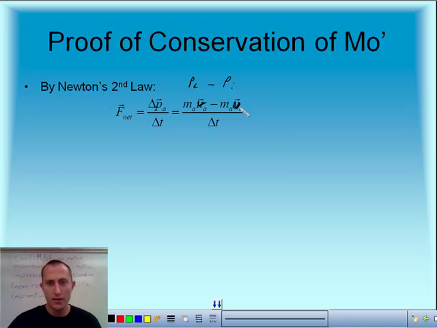Just notice that. So mv minus mu over delta t. And the A's here are just to differentiate object A. So the net force on object A is equal to the change in momentum of object A over the change in time.